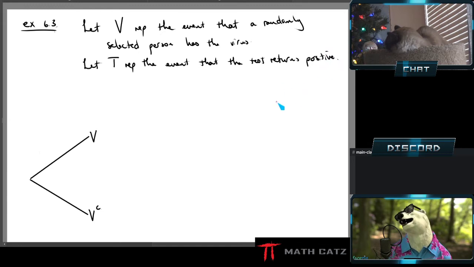Test says you have it. The test says that the person has it, but the test might not be correct. It's not a perfect test. So, regardless of if the person has the virus or not, the test could say positive or negative. If the person doesn't have the virus, it could still say positive or negative.